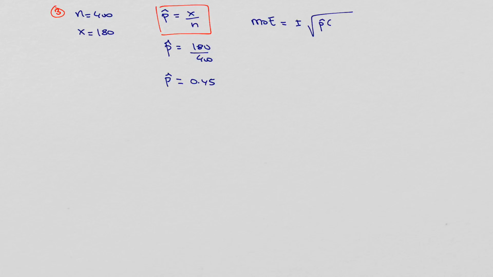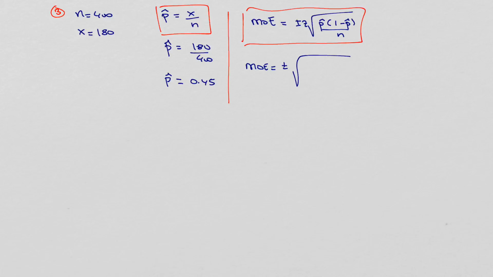And again, we don't know our true population proportion, so we use our sample population proportion over n, and that would be times our critical value. So we'd literally just be looking at whatever the critical value is, whatever the confidence interval is, but we don't know. So in this case, it's just going to be plus or minus the square root of our sample population proportion, 0.45, times 1 minus 0.45, over our sample size, which is 400.